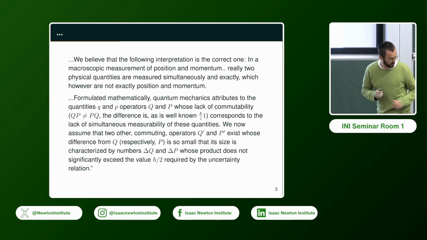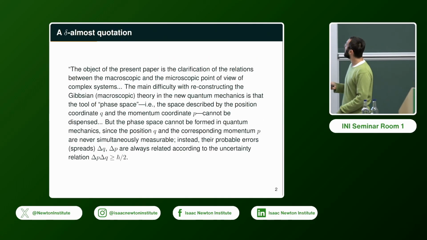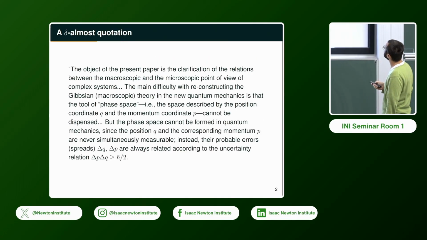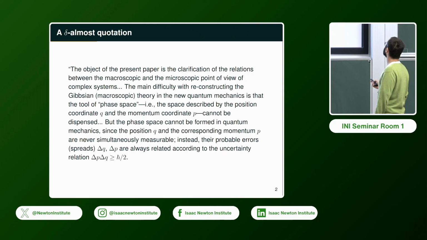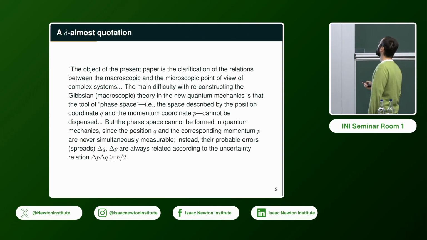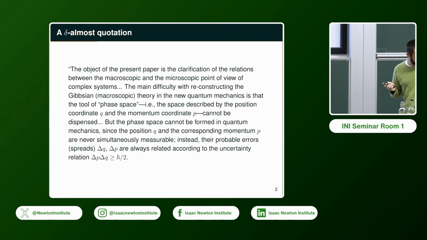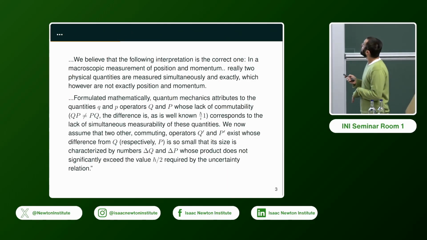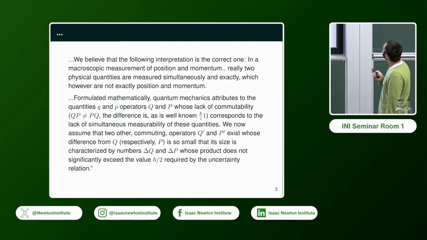But the phase space cannot be formed in quantum mechanics, since the position q and the corresponding momentum p are never simultaneously measurable. Instead, their probable errors are always related according to the uncertainty relation. We believe that the following interpretation is the correct one.